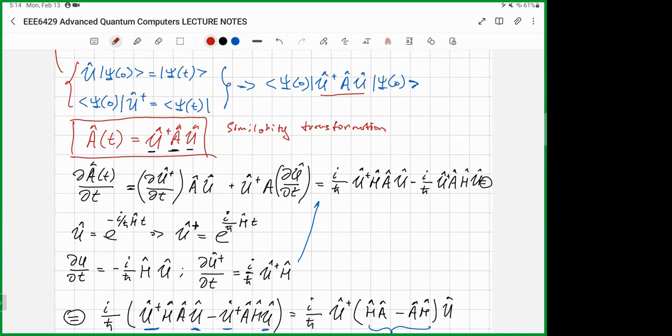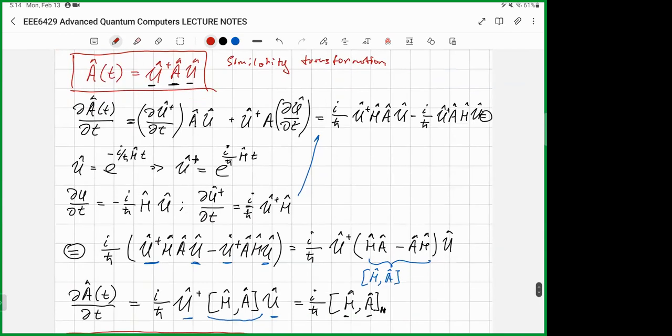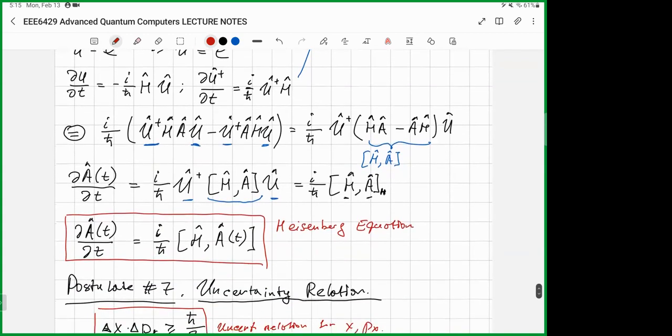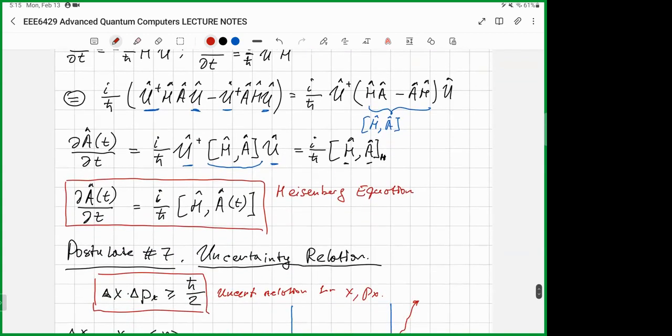So it's just a matter of convenience which picture you use, Schrödinger picture or Heisenberg picture. The result of your simulation or calculation will be exactly the same, but using one or the other picture could simplify your calculations significantly.